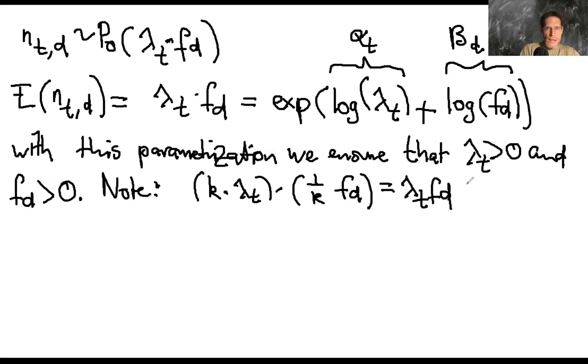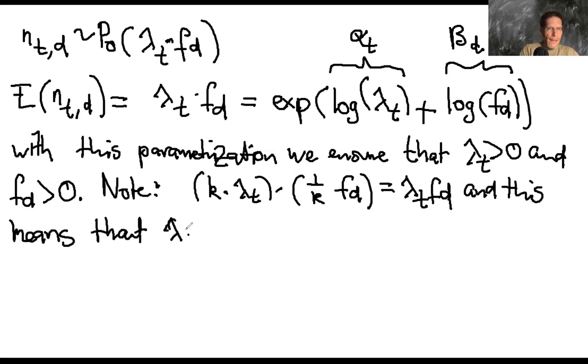So that means it's not possible to directly say what is fd here, or what is lambda t here. Lambda t and fd are not uniquely defined.